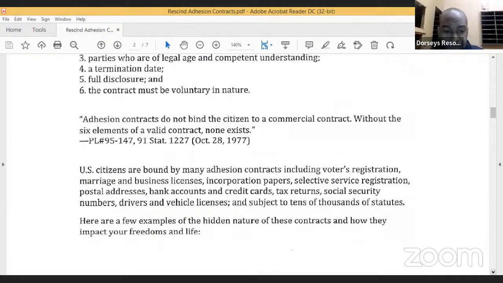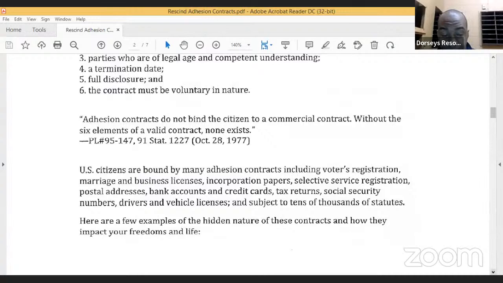You guys get it. So I went over, it says selected service registration, postal addresses, bank accounts, credit cards, tax returns, social security numbers, driver's license, and vehicle licenses, and subject to tens of thousands, it should say, that's a typo, are subject to tens of thousands of statutes.